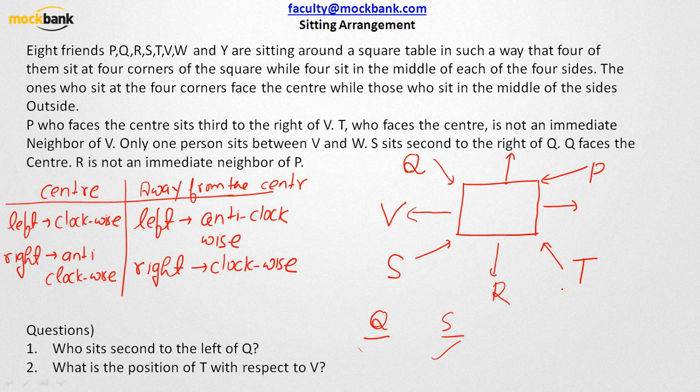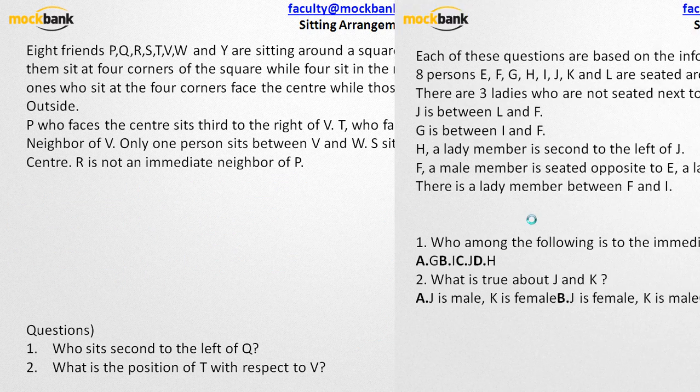R could possibly be over here. And the moment we take R to be here, our first statement was there is only one person who is sitting between V and W. So W for sure is going to be here. Now there is only one position that we are left with, that is Y.